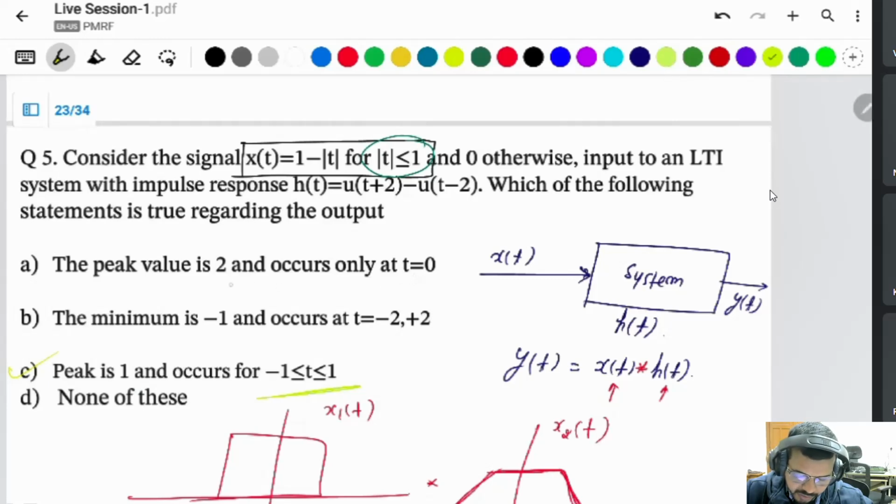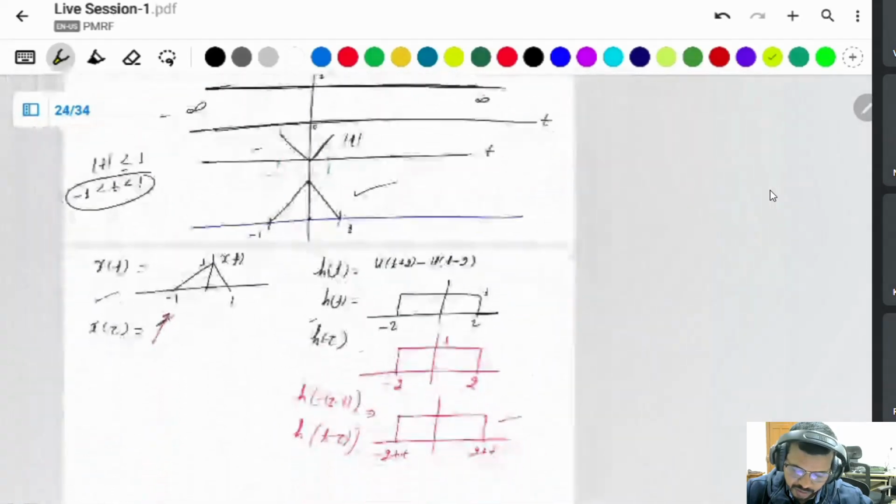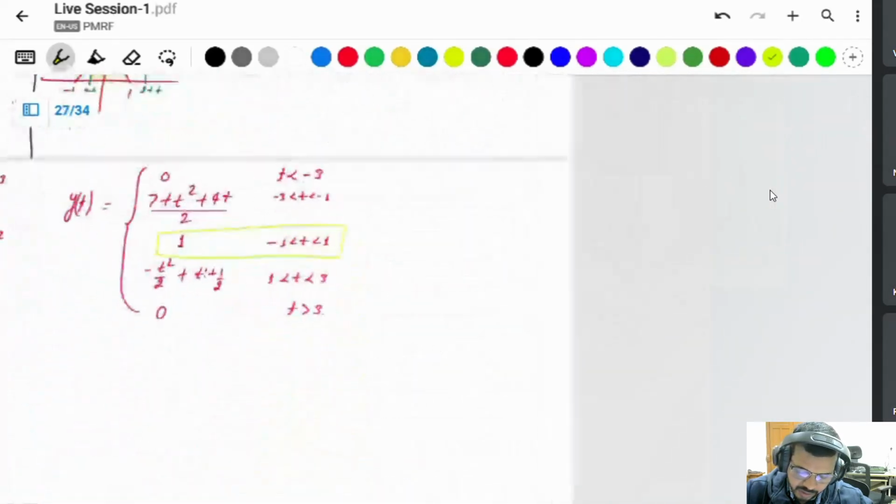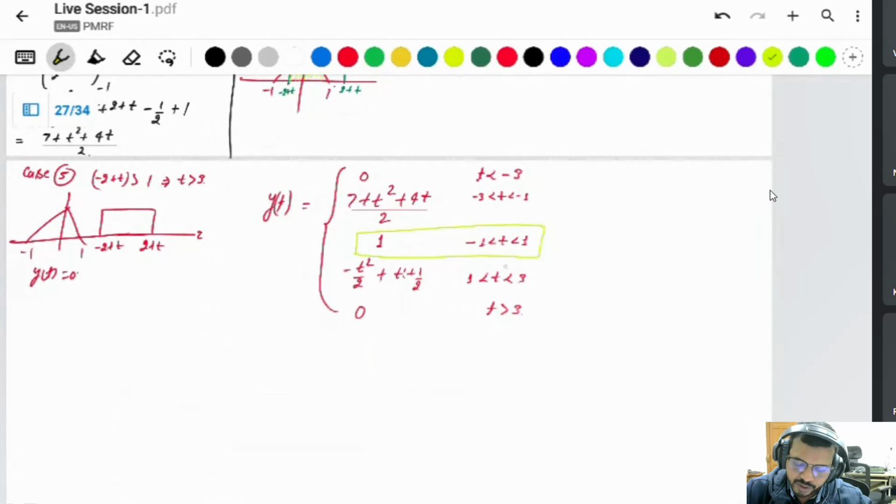At 0 the peak value is 2, no, 1 only. At 0 point occurs between minus 1 to 1. Second thing is minus 2 to 2, it occurs from here to here. This is not 2.